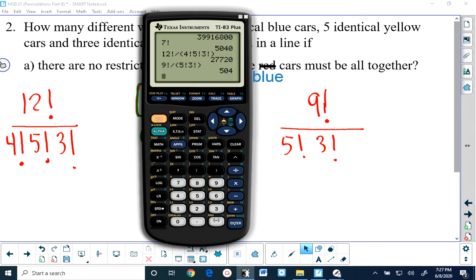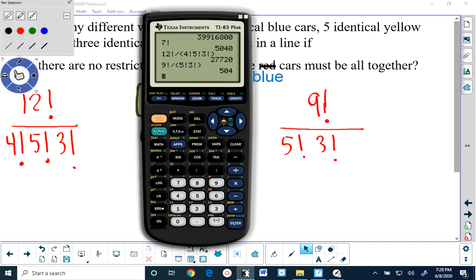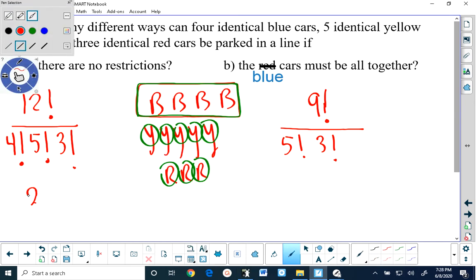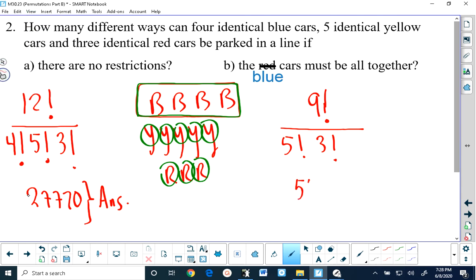So 27,720 is our answer here, and 504 is our answer here.